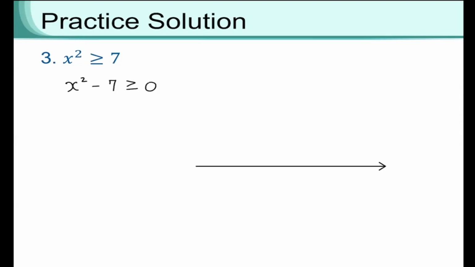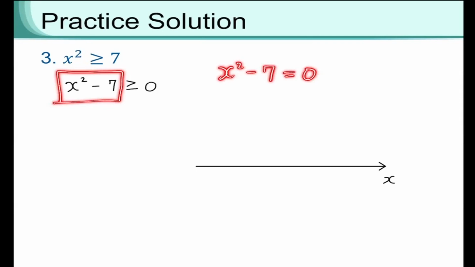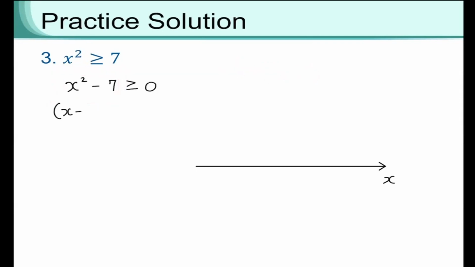Okay. So first, we have to find the x values that will make this left-hand side equal to 0. So you can solve the quadratic equation, let's say x squared minus 7 equal to 0, or you can factor this into (x minus square root of 7) times (x plus square root of 7) greater than or equal to 0.